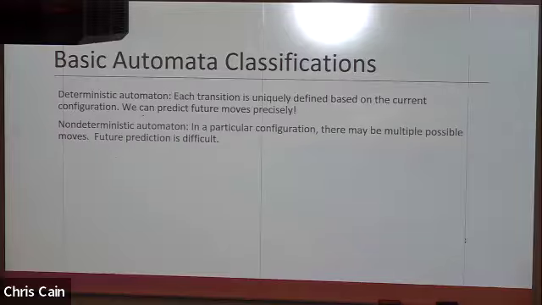A non-deterministic automaton says that in some given configuration, and again, remember configuration is just that term for a state input pair, there could be multiple transitions defined or no transition defined, which means automatic failure. So it could be that there is a branch. You could go down this path, you could go down this path.